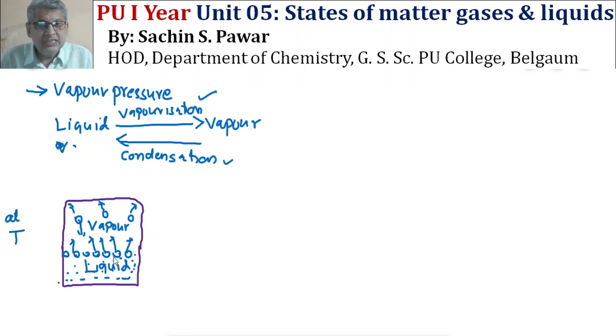After some time, you will see that the processes of vaporization and condensation counterbalance each other, and the amount of vapors formed remains constant. This is called the equilibrium stage. At the equilibrium stage, vaporization is taking place, condensation is also taking place, but both are happening at the same speed.